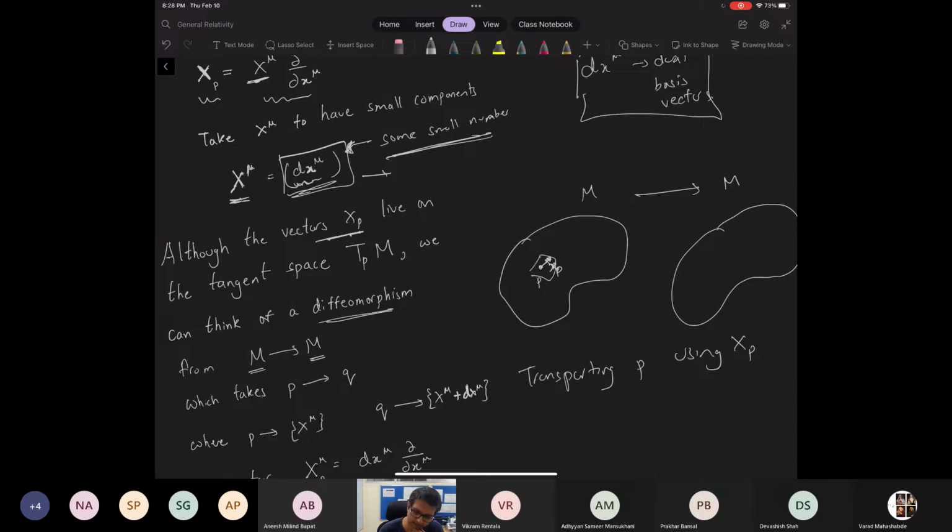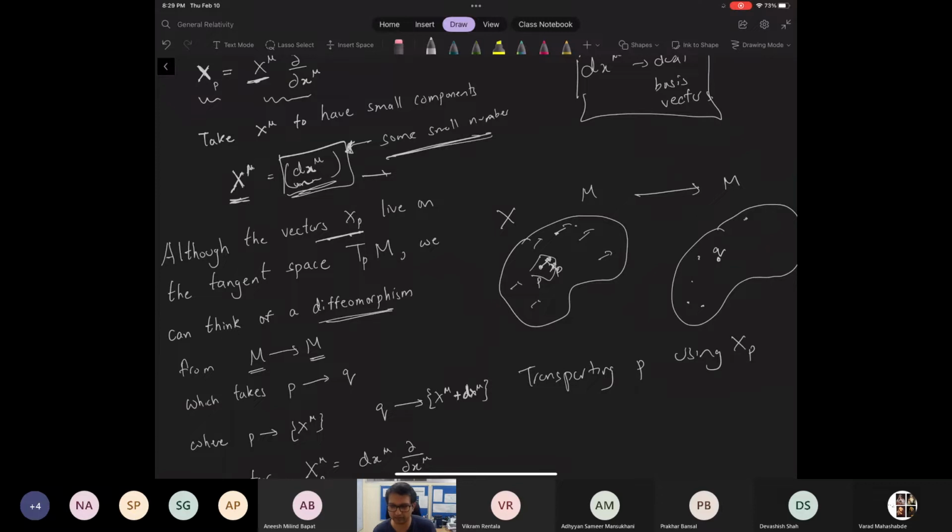So it takes the point P to a point Q. If I have a smooth vector field X over the manifold, this smooth vector field will define a vector at every point on the manifold. And what it will do is push points from one place to another, and it will basically give you back the same manifold under that transformation.